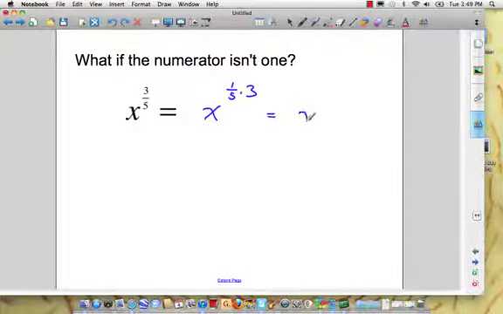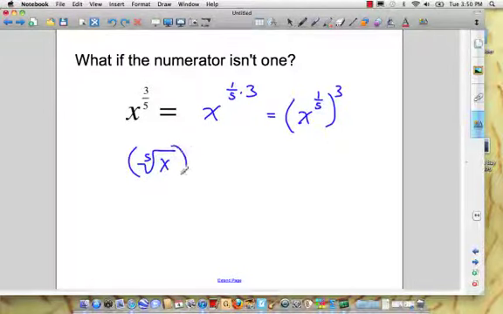And then using the power of a power property, I can write that this way instead, because the power of a power property says you would just multiply those two exponents. And we know from the previous screen that x to the 1/5 is the fifth root of x, and then that needs to be cubed.